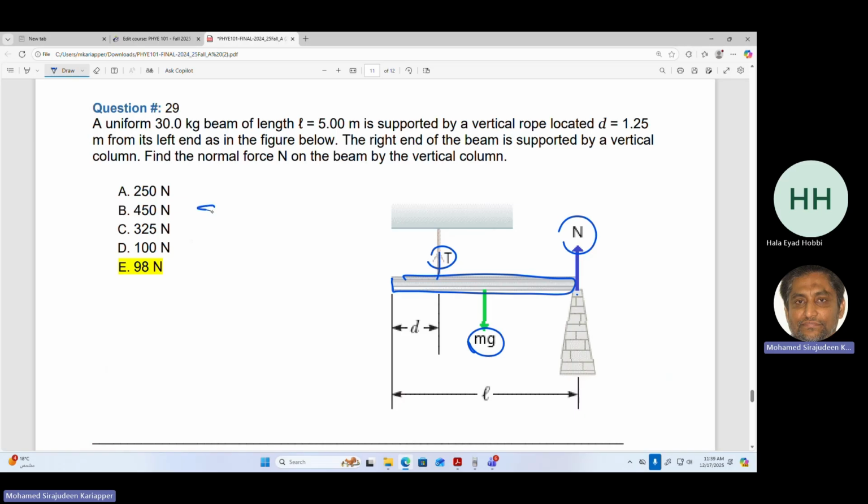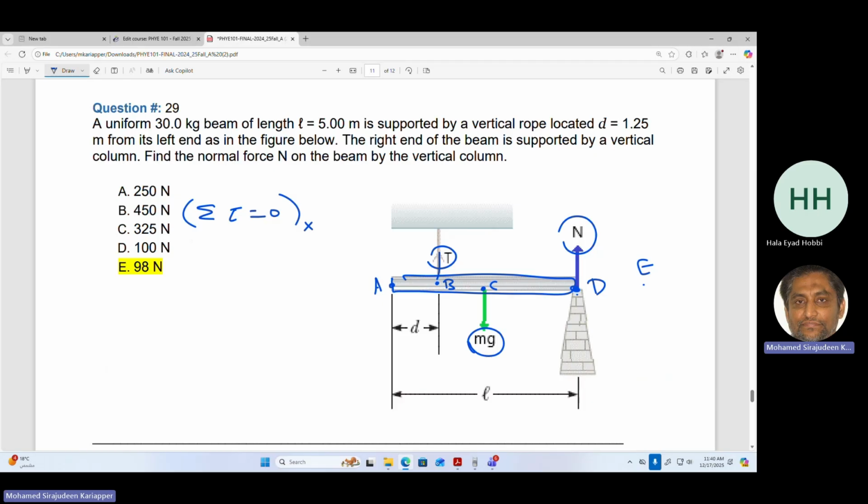So the trick is to use this rotational equilibrium equation. And again, when you talk about the torque, you need to mention which point you're applying this about. The torque has to be taken about a certain point, right? We have possible candidates. Maybe this point, let me call it A. Maybe this point, B. Maybe the center, C. And maybe this point, D. It can be any point, even a point outside, let me call it E. It doesn't have to be on the object itself.